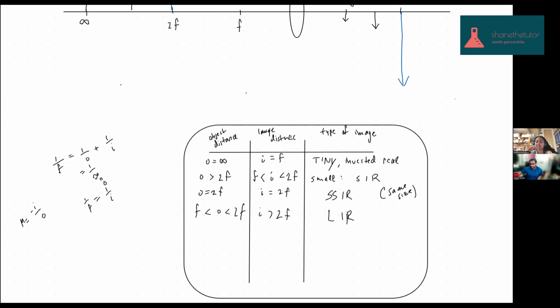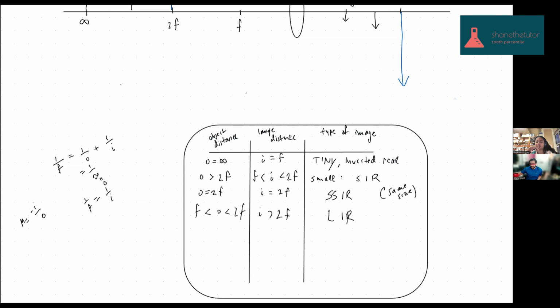If we have something like here, let's say, it will produce an image that will be further than the 2f and larger and inverted. Okay. All right.